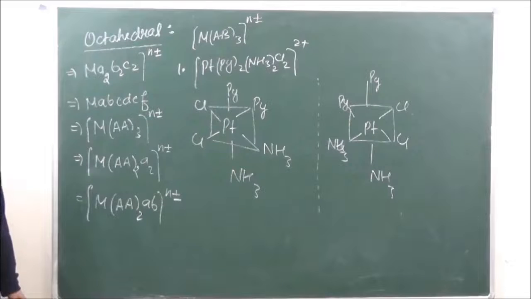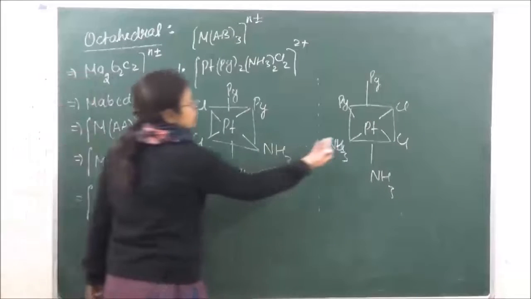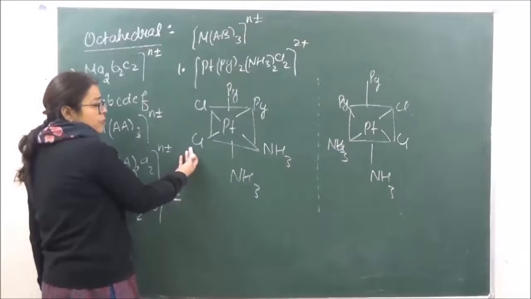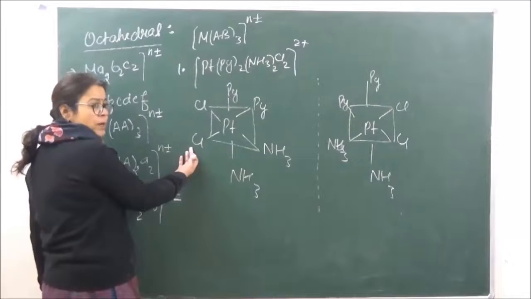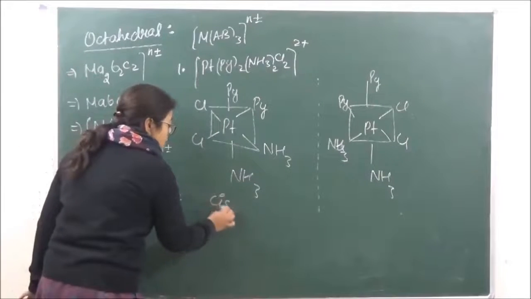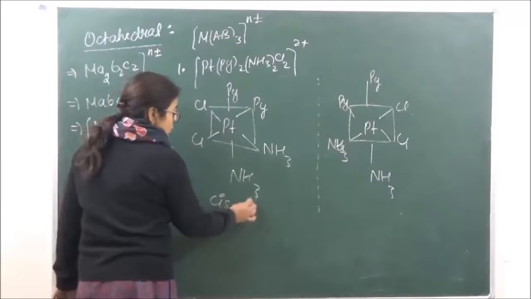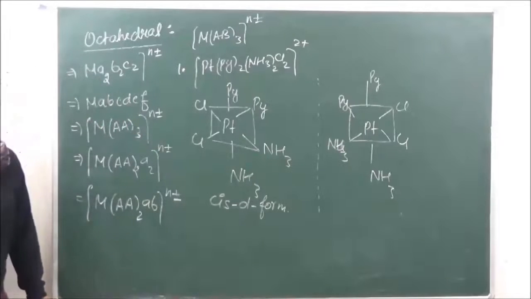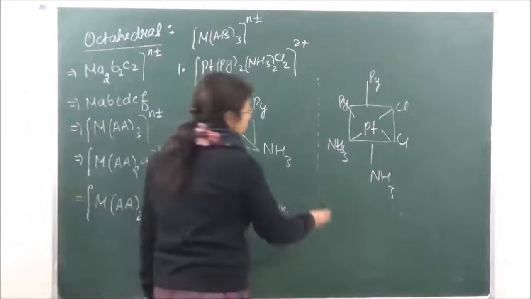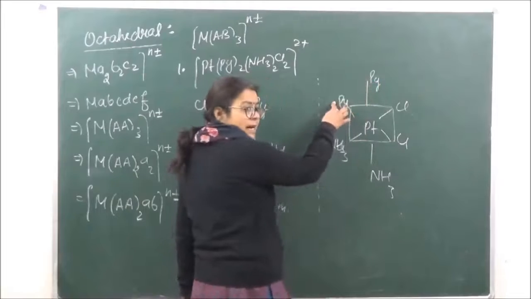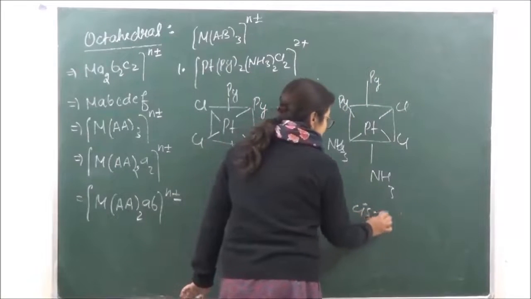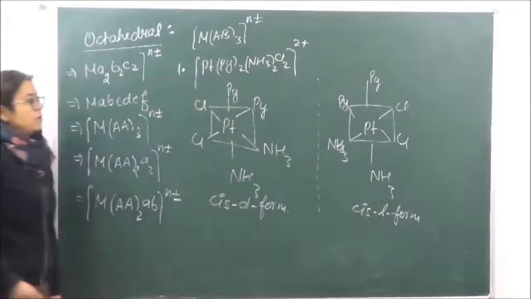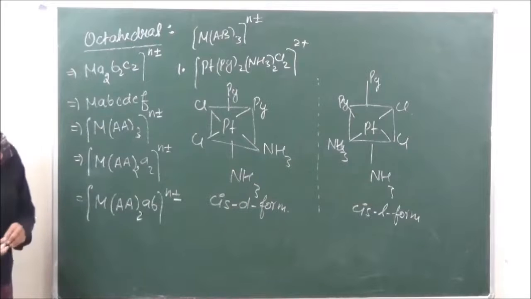If you try to superimpose on this, pyridine will come over chlorine and ammonia will come over chlorine here. So these are non-superimposable. So this is the cis form, but this is going to be the cis D form, the dextrorotatory form. This is also cis because pyridine is at the adjacent positions, but this is going to be the L form. So this is the first example which we have taken.